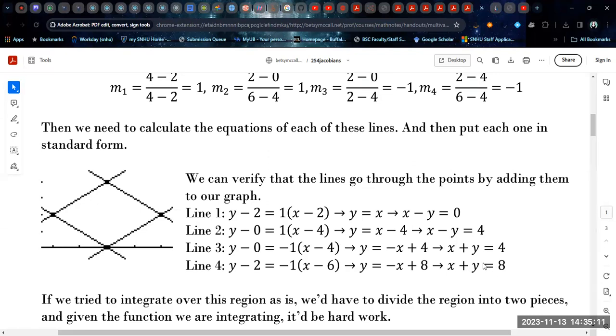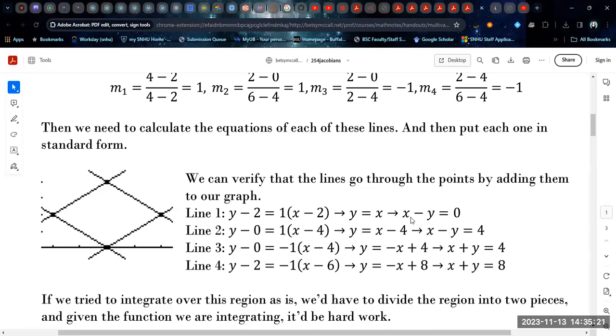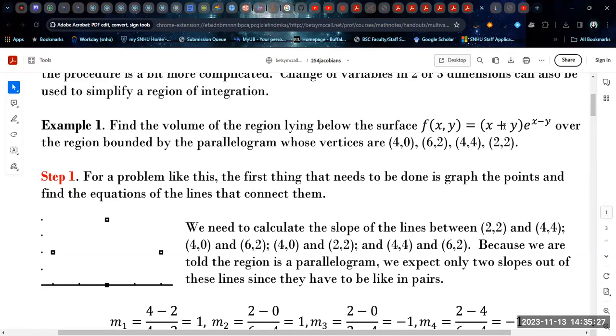Now, what's important for a problem like this, and what will often happen, is you will get these expressions, and notice I haven't solved them for y. I've left the x and the y on the same side of the equation because if you look back at our function, there is already an expression with x plus y and x minus y in it.